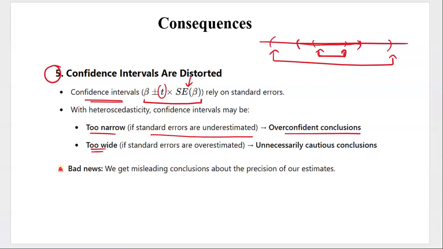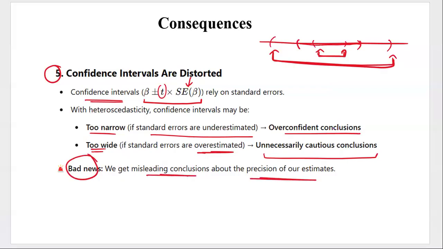And if it is too wide, that is, standard errors are overestimated, we get unnecessarily cautious conclusions. So it is also bad news, because we get misleading conclusions about the precision of our estimate. So if the confidence interval is not correctly estimated, then the precision of the estimates will be distorted.